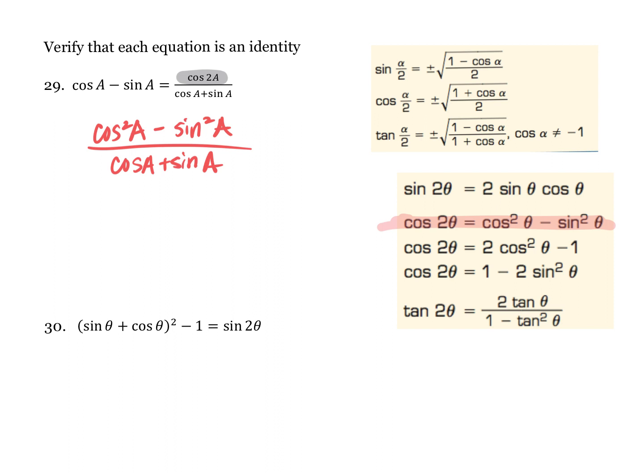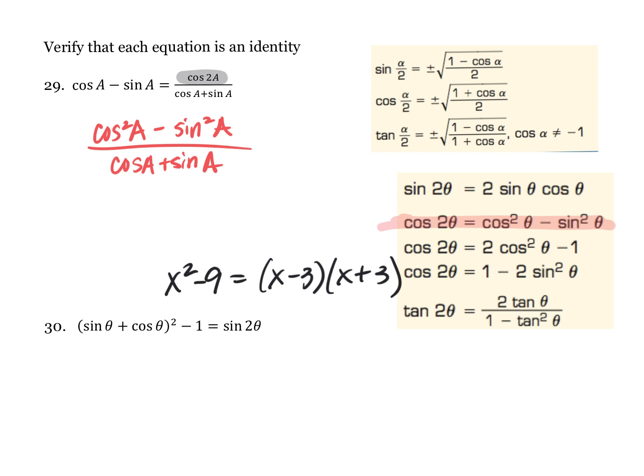I have an idea. You guys, I'm going to have to eat my own words. Okay, how would you factor this? So what would this factor to?